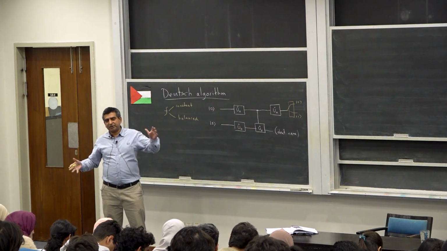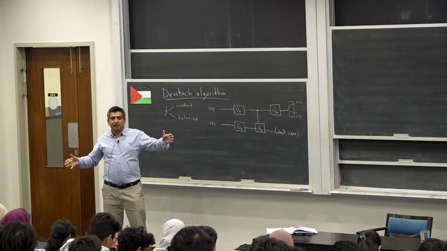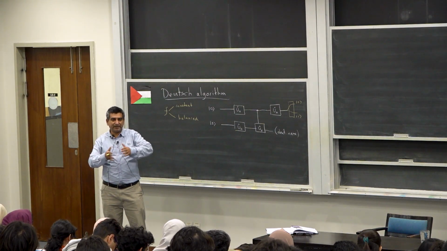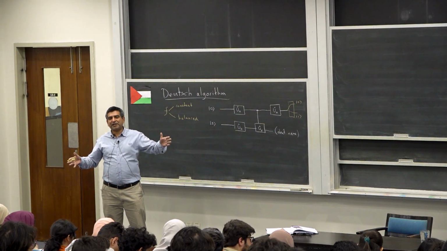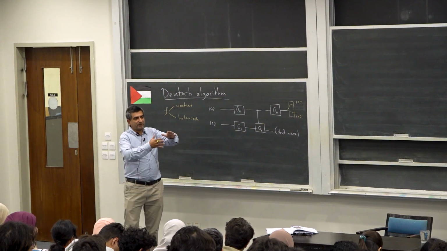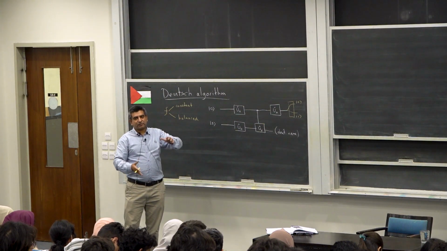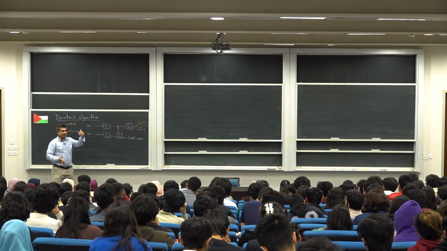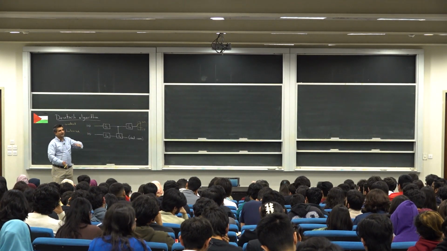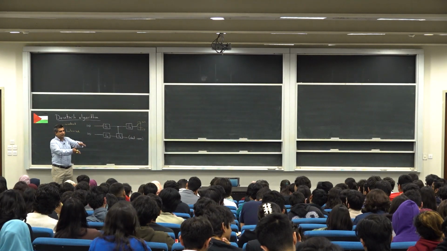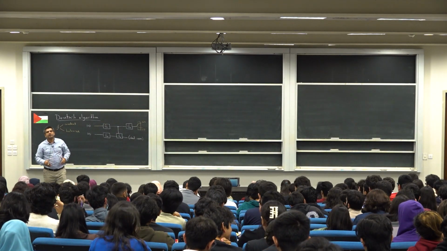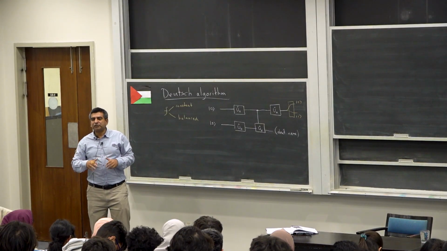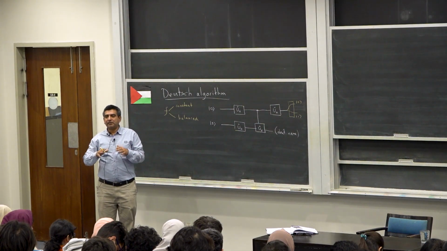If you had a big function which acted, say, on 8 bits, then you would just need 3 qubits going into your quantum computer, and you could tell whether the function is constant or balanced in one go. So from 8 you can go to 3 qubits, for 16 you can go just to 4 qubits, you get exponential speed up. So this is the basic idea of a quantum algorithm.